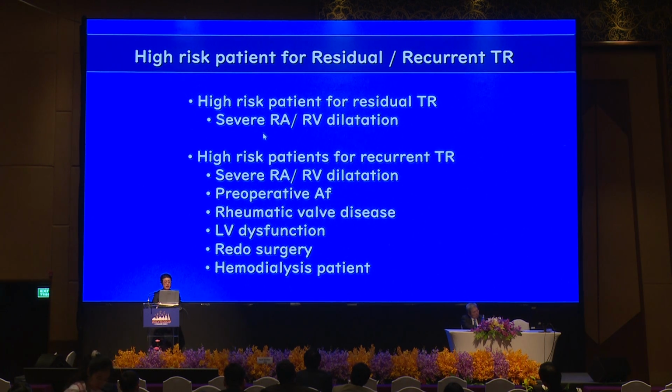So we could summarize that the high-risk patient for residual TR was one who had severe RA or RV dilatation. And the high-risk patient for recurrent TR was one who had severe RA, RV dilatation, preoperative AF, rheumatic origin, RV dysfunction, redo surgery, and hemodialysis.